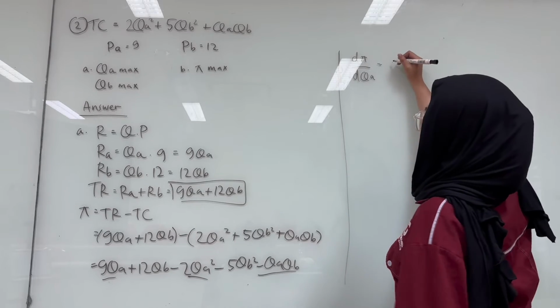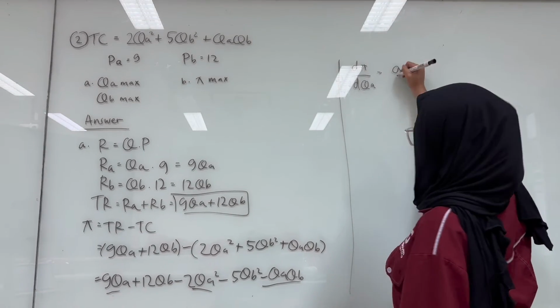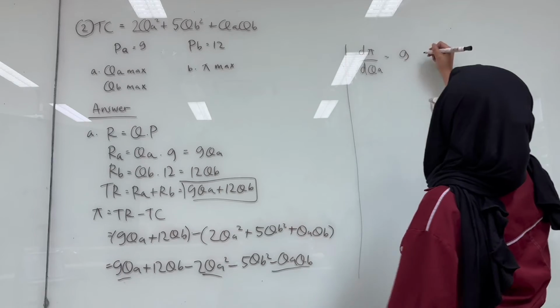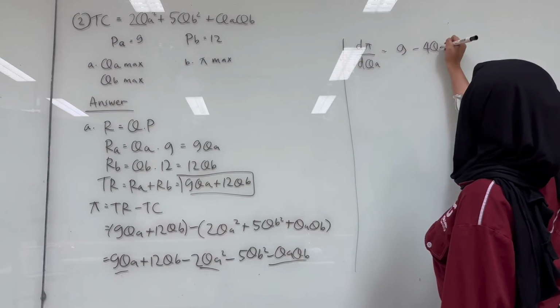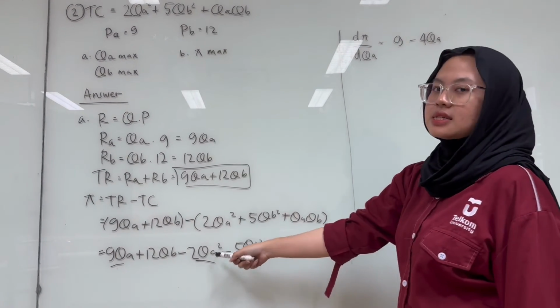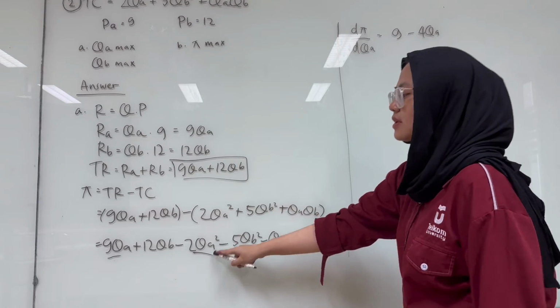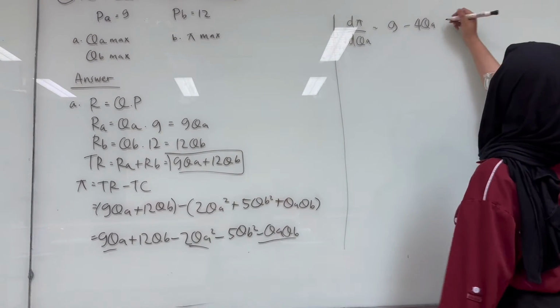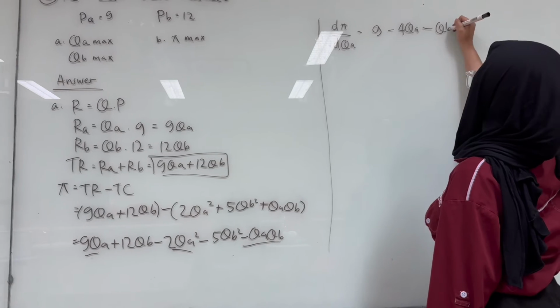The derivative of 9QA is 9, minus 4QA, because this is the derivative for this term, and the derivative of the other term is just QB.